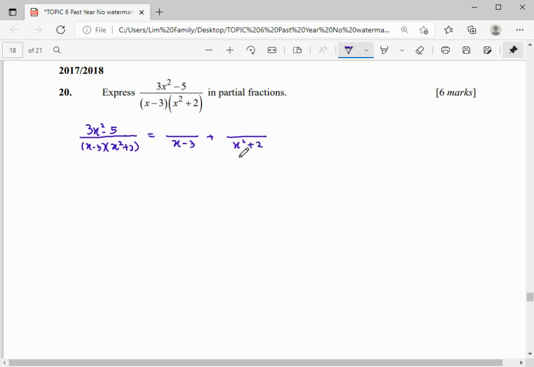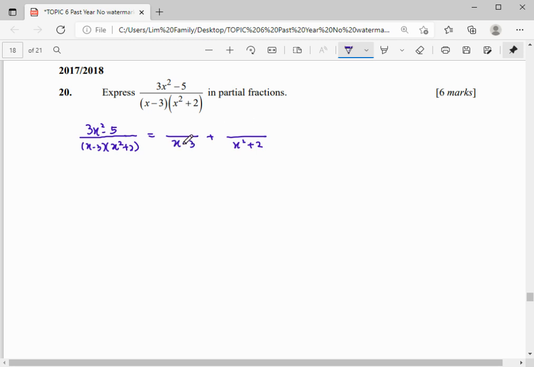If a quadratic factor can still be factorized into linear factors, then we factorize it completely and use its linear factors. After we make sure our denominator factors are correct, only then do we determine the constants up here.